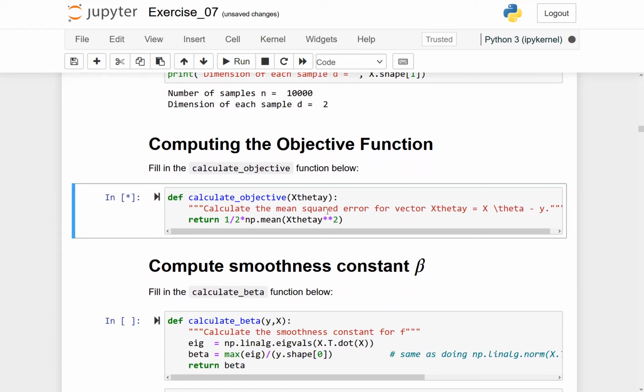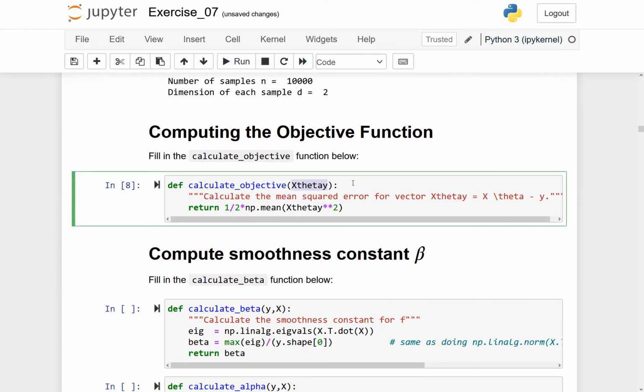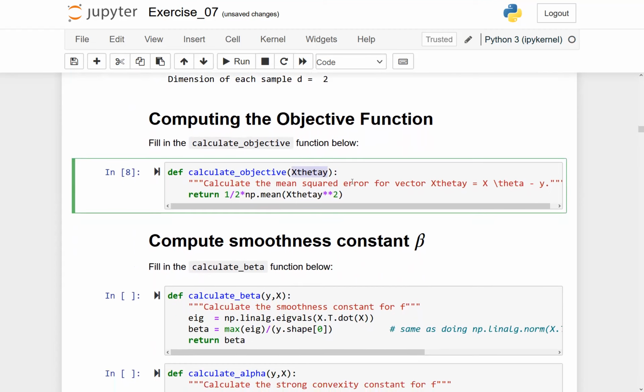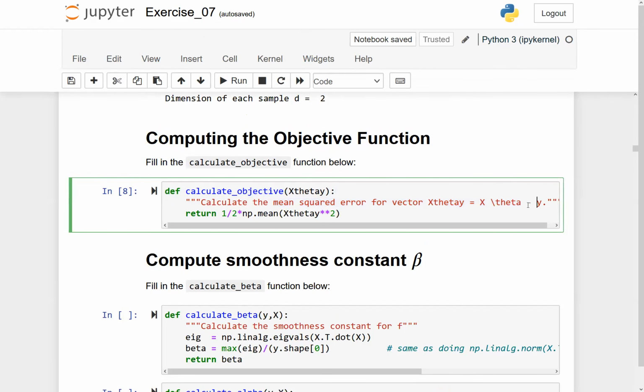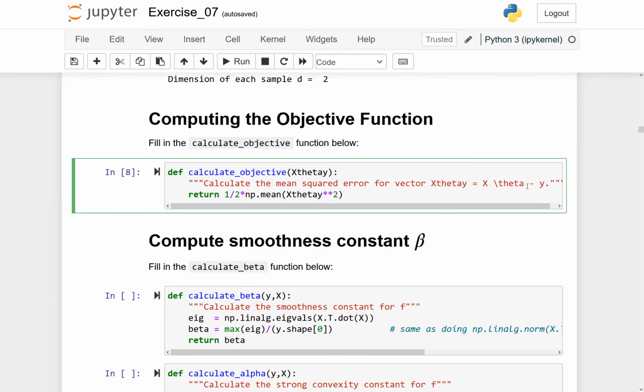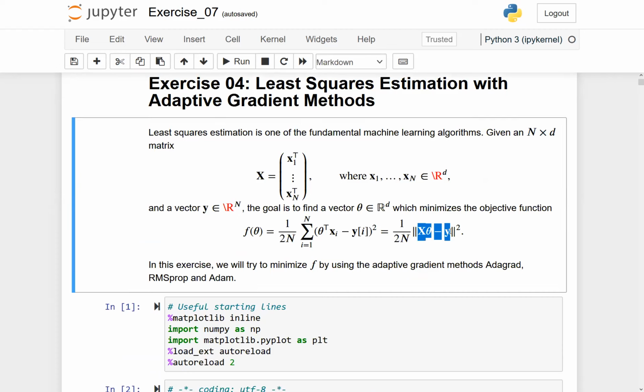We compute the objective value, with the convention that we plug in here an x theta y, which is x times theta in matrix vector multiplication, and then subtracting the y. So exactly this thing we see in the objective value function here.